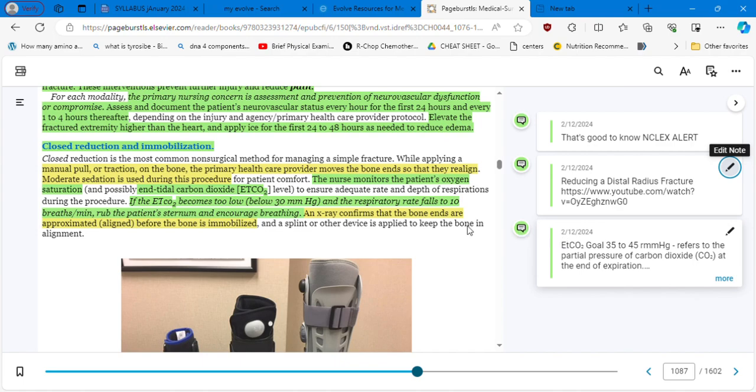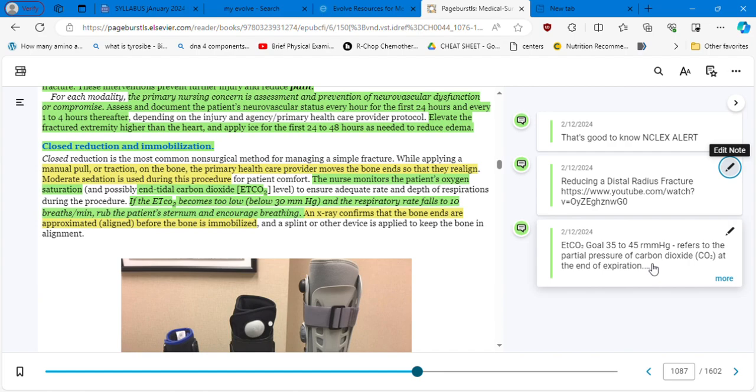What else? So with manual pull or traction on the bone, the primary healthcare provider moves the bone ends so that they realign. Moderate sedation is used during this procedure. The nurse monitors the patient's oxygen saturation and possibly the end-tidal carbon dioxide, the ETCO2, the goal of which is to keep it between 35 and 45.